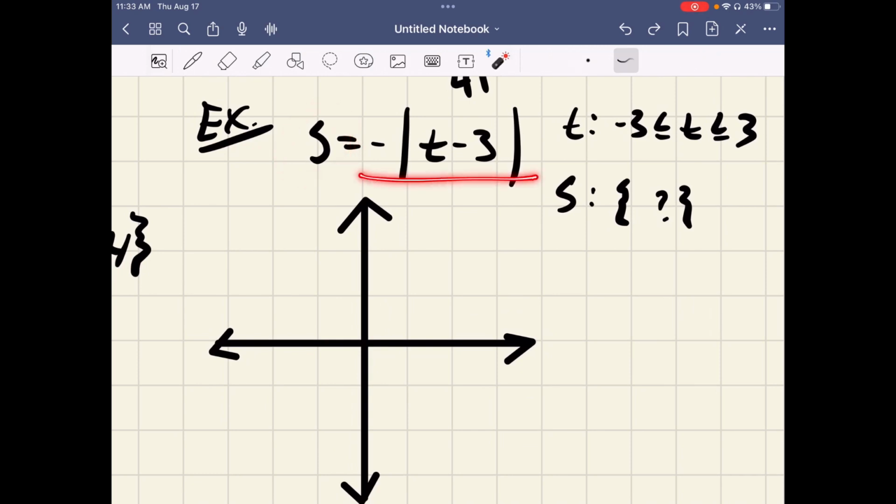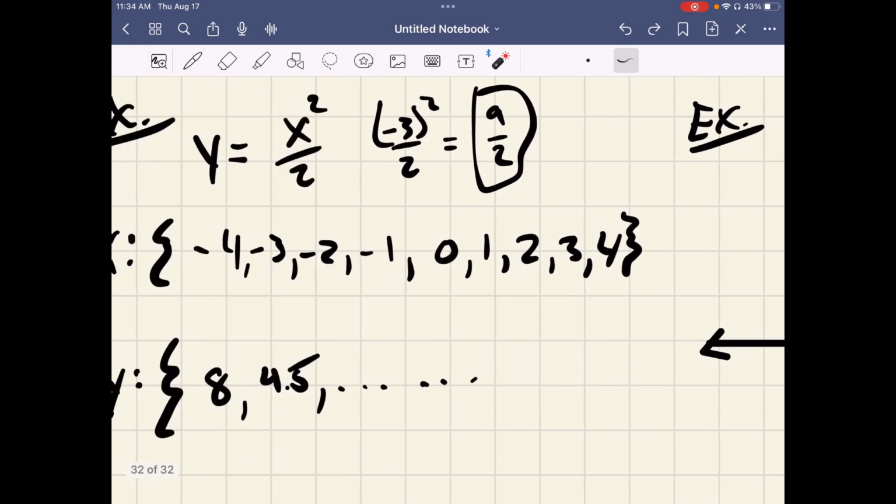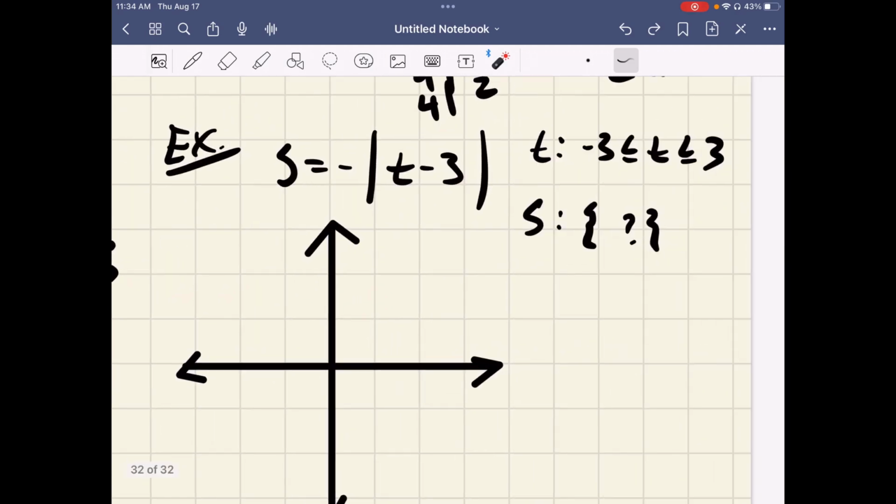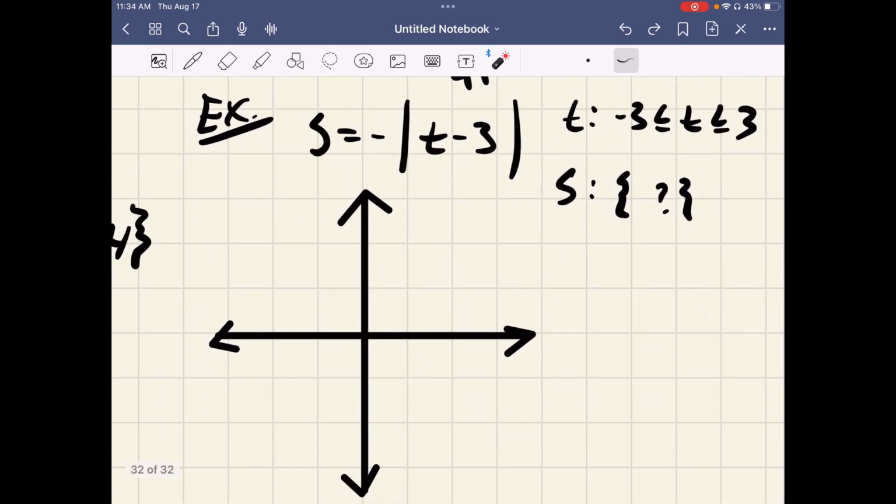All right, so in this example, we have S, that's the name of my rule. My rule is negative and then these two absolute value bars of t minus 3. So now the domain they have given me this time is -3 and 3 and everything in between. Before, we just had a list of values that listed out all the integers that we could use there and nothing in between. So here we've got to do this a little bit differently.